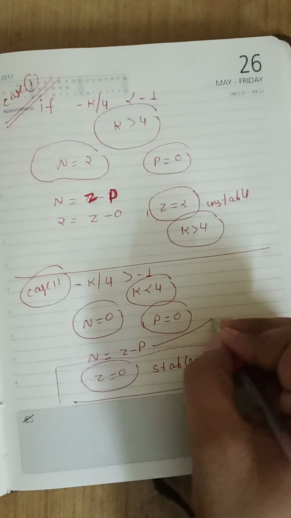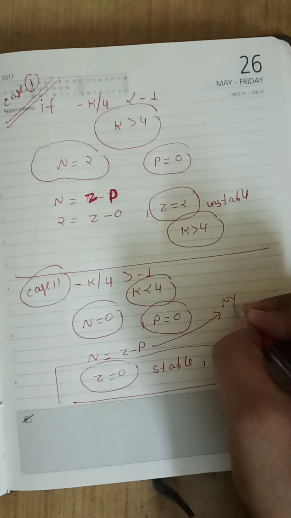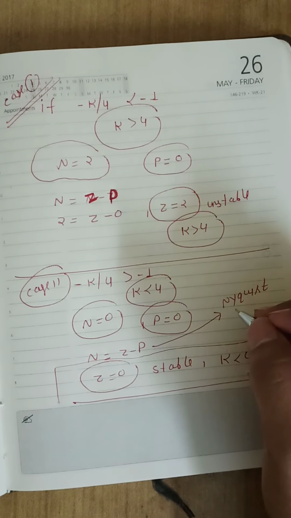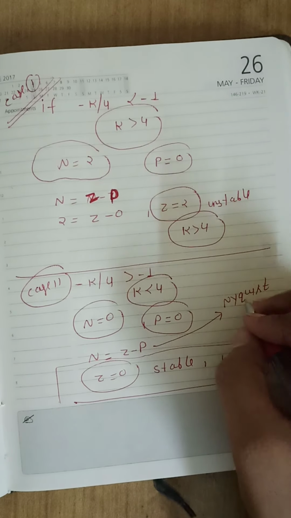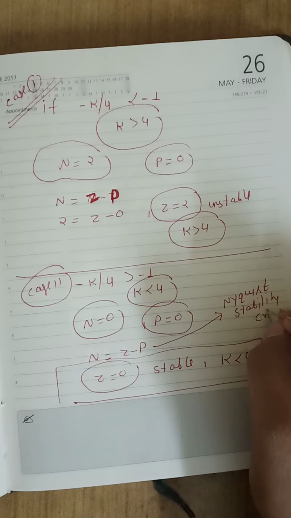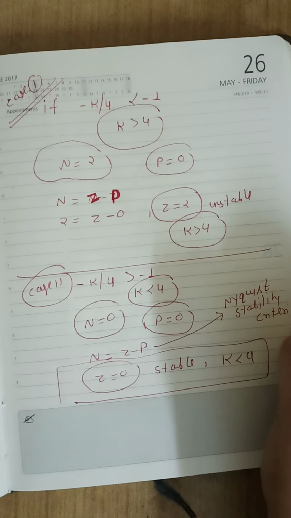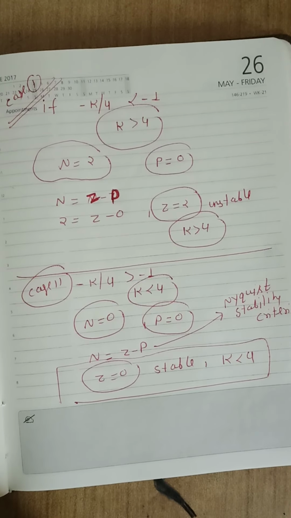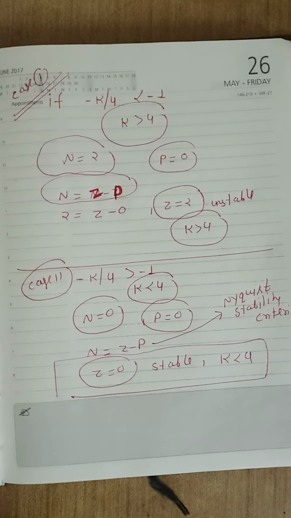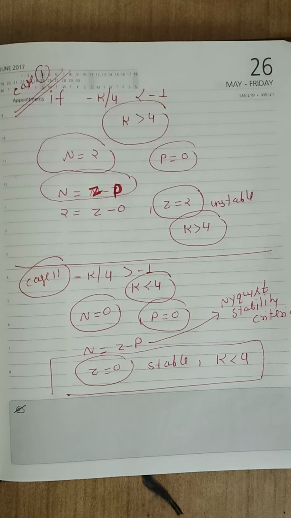N equal to Z minus P defines the Nyquist stability criteria, or the mathematical presentation of the Nyquist stability criteria. This is also a Nyquist stability criteria. Thank you.